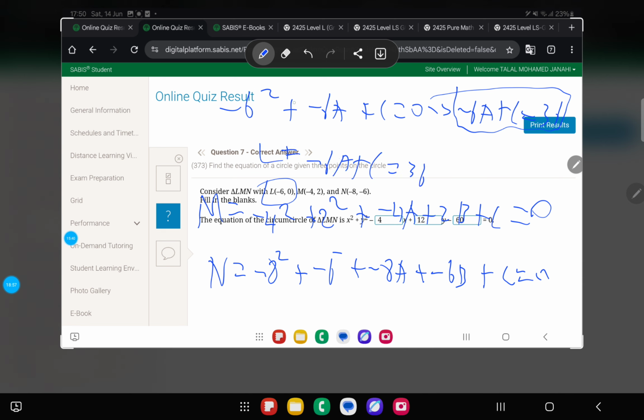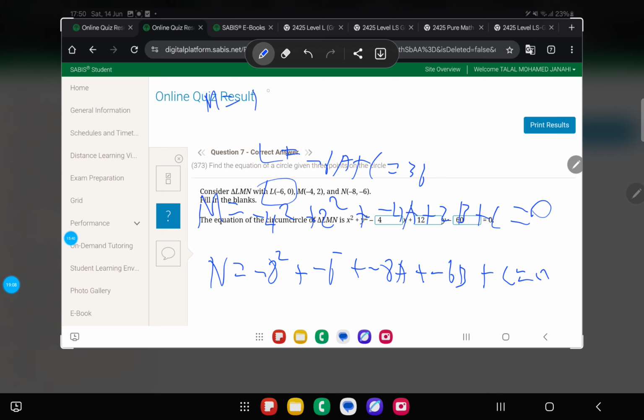That's for L. Now for M: negative 4 squared, which is 16, plus 4, plus negative 4a plus 2b plus c equals 0. Like I said, we put the numbers, the constants, on the other side.